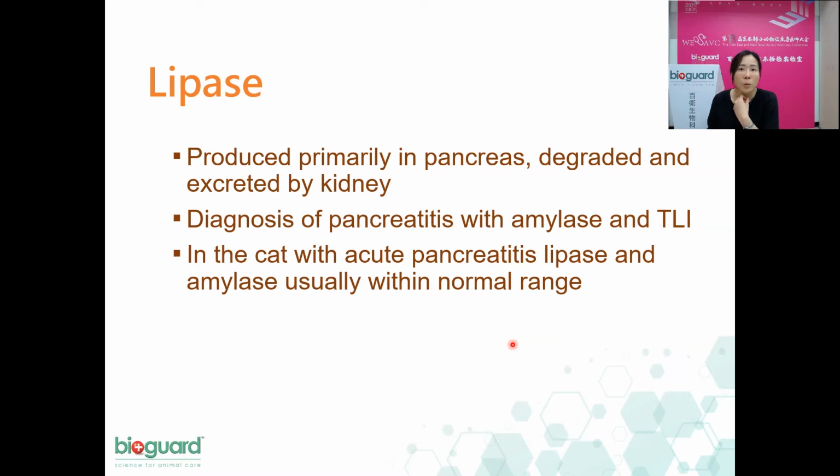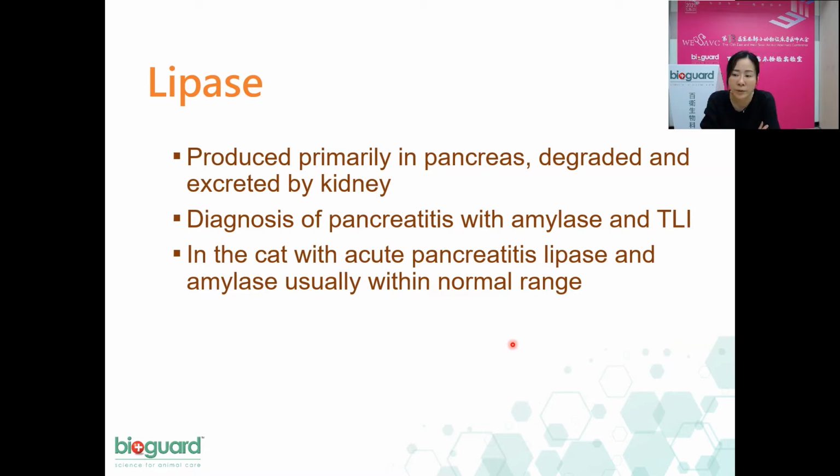So if we want to diagnose pancreatitis, we suggest please do amylase and lipase in parallel. If they are both increased, it will help us to have more confidence to say this case may be pancreatitis.